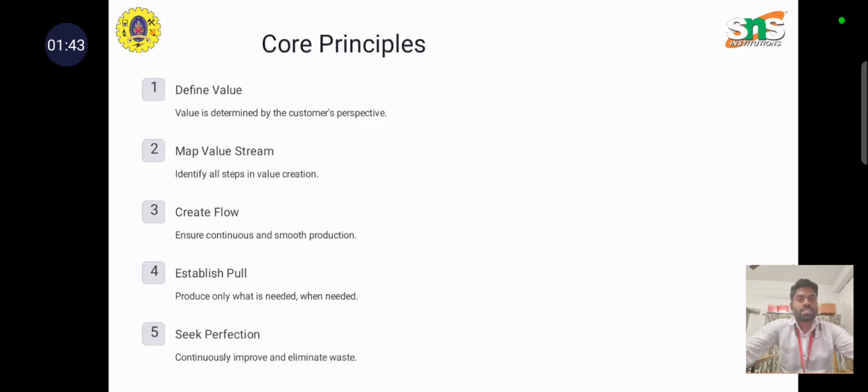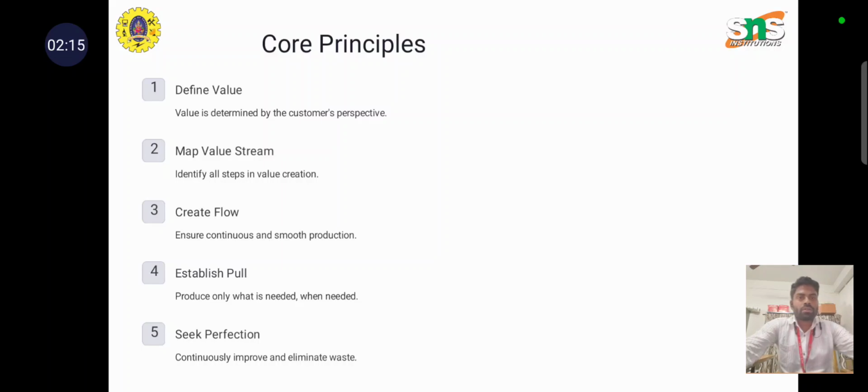The fourth one is the kind of process followed during production: we have to establish the pull type of process. What is the pull type of process? It is the process where we produce the product based on the feedback received from the customer, that is, when the customer requires a particular product, the industry plans the design and executes the process.